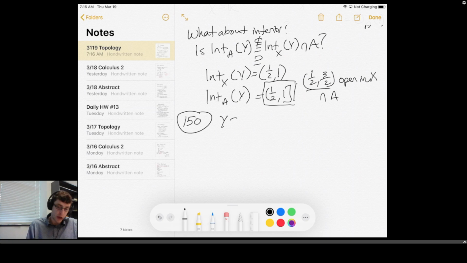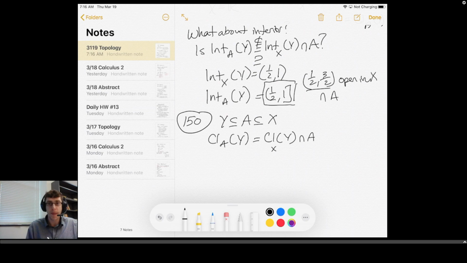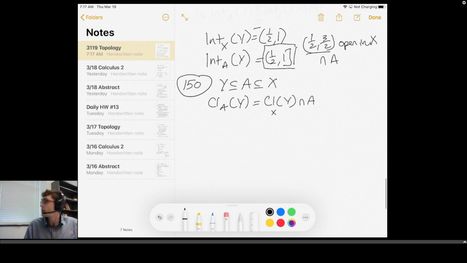Okay, so we've got Y is contained in A is contained in X, and our goal is to show that the closure of Y in A is the closure of Y in X intersect A. Exactly, proof by example. Always works.